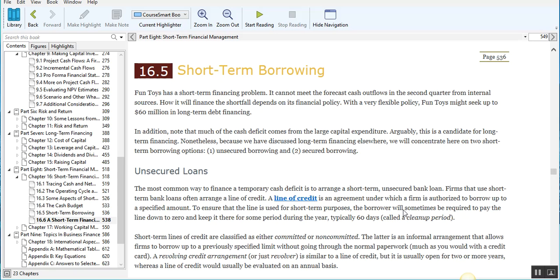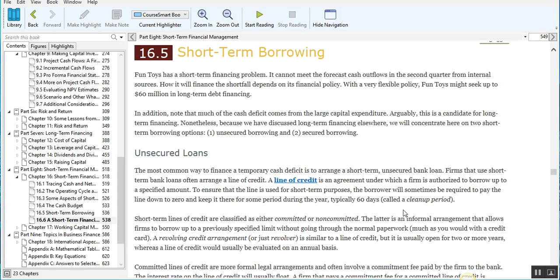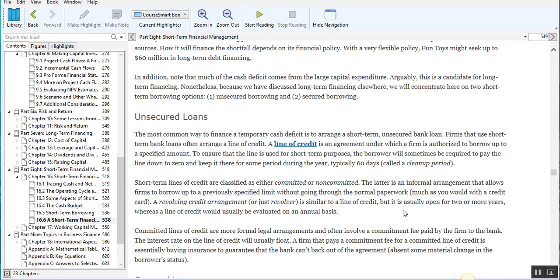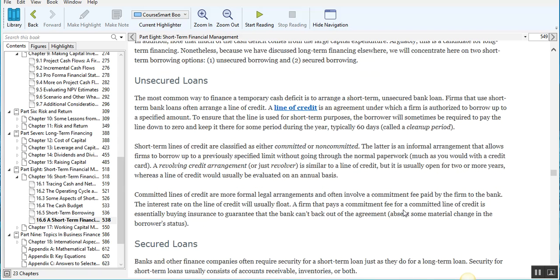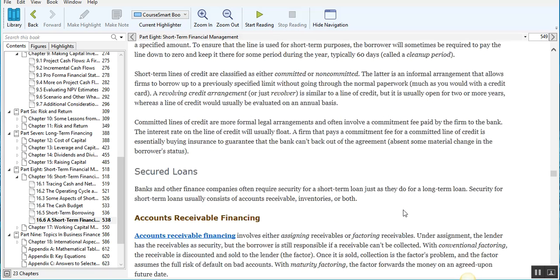Then you also deal with things like short-term borrowing. You may have a line of credit arrangement where you can borrow to a specified amount. Committed lines of credit are more formal legal arrangements and involve a commitment fee paid to the bank, and it usually is a floating interest rate.